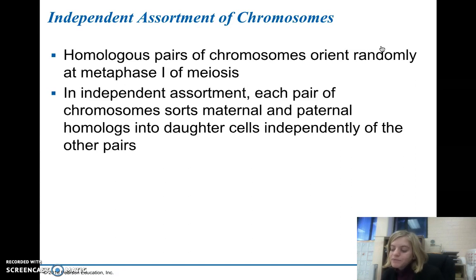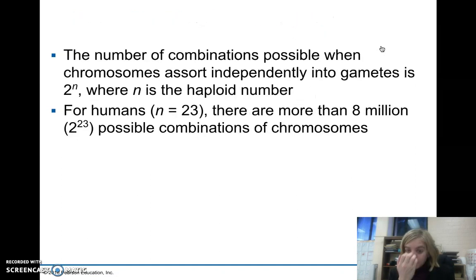So for example, just because one of your chromosomes is from the mom in metaphase on this side, it doesn't mean that the other ones in line have to also be from the mom. They assort independently, so they all kind of move, and as long as they're in the middle, the process will continue on.